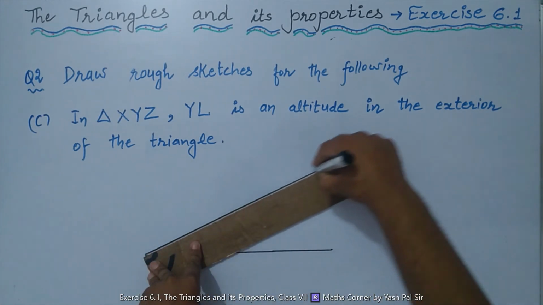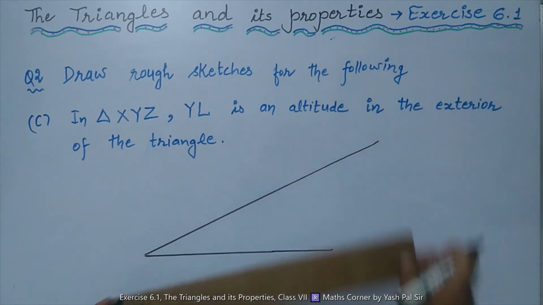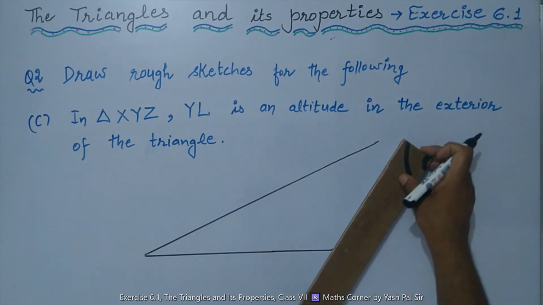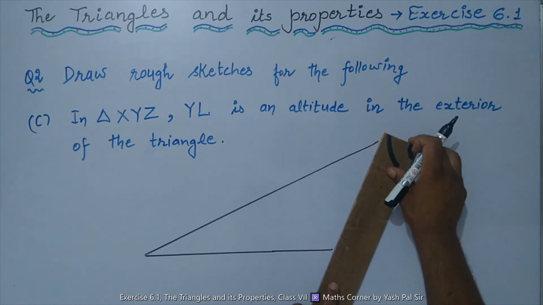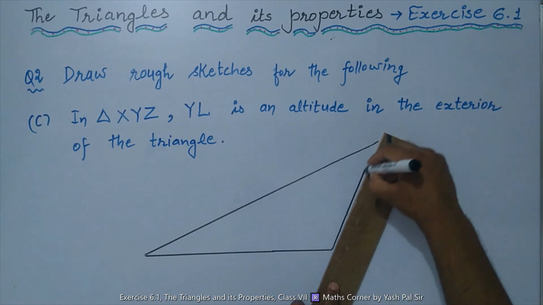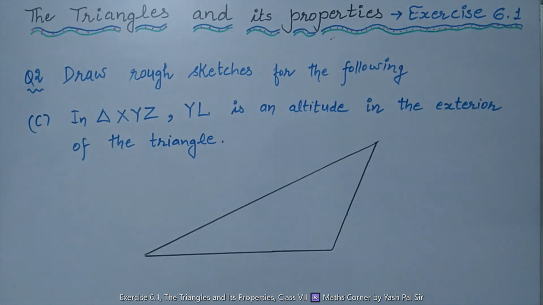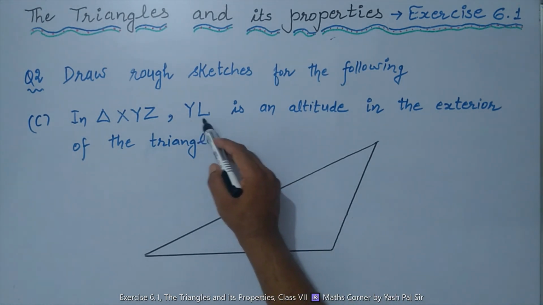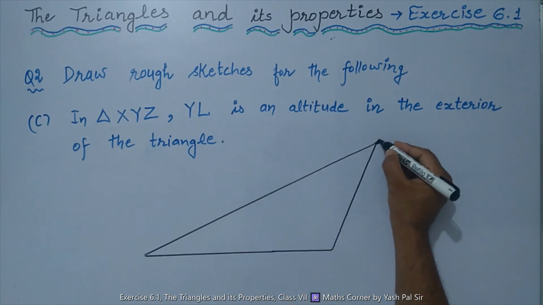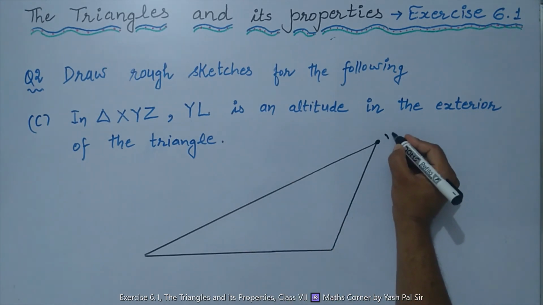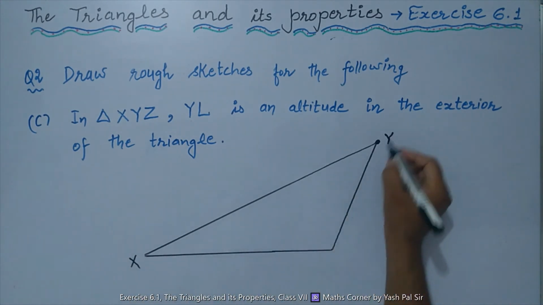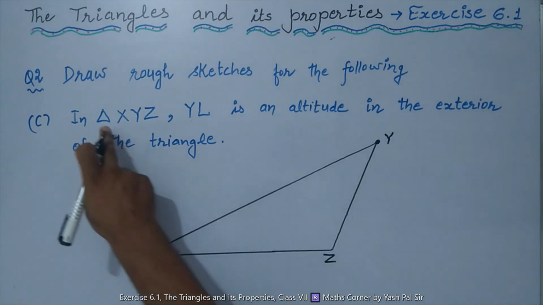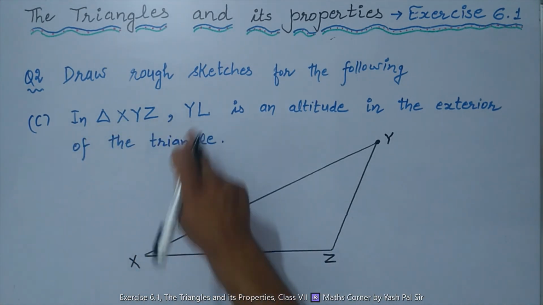We are drawing this way, second side of the triangle, and this is the third side of the triangle. This triangle is an obtuse angled triangle. So how we name this triangle? YL is the altitude. So this point should be Y, right? So we can name this as X, Y, and this is Z. So this becomes now triangle XYZ.